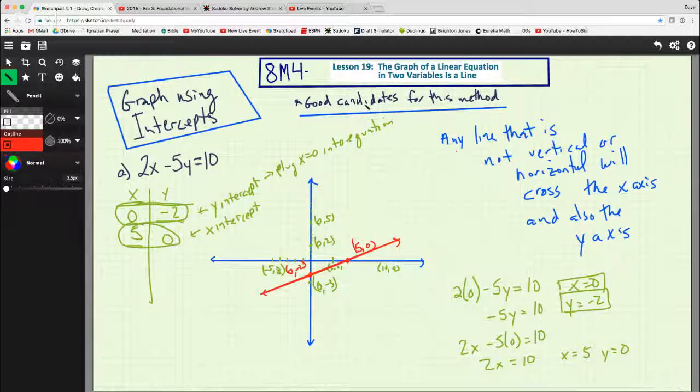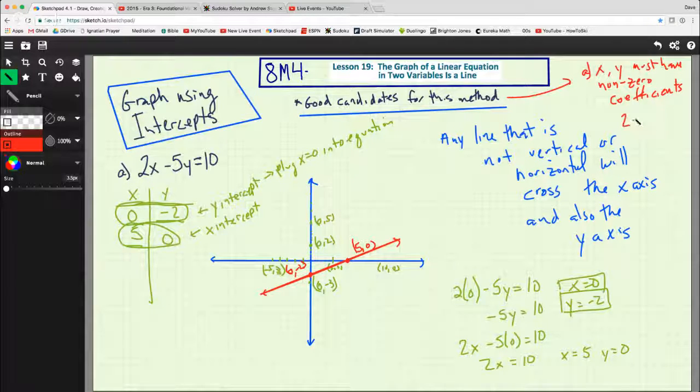Okay, so what are some good candidates for this method? There's one thing that must be true, and that's A, we have to have an x and y with non-zero coefficients. Right? Because if x or y had a 0 coefficient, let's look at that for a second.